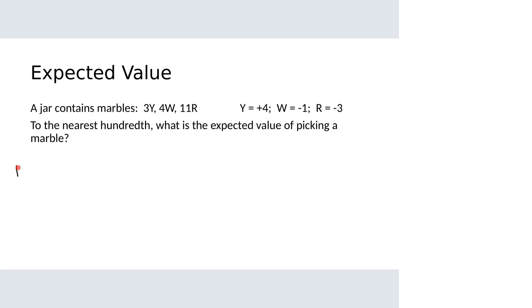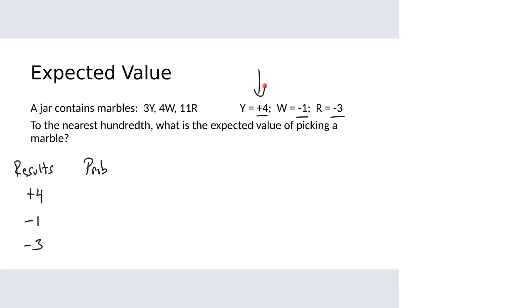For an expected value question, we want to write down our results and the probabilities that go with them. And here the results are either win 4, lose 1, lose 3. Those are the only things that can happen. Now we need the probability of each. A player wins $4 if they get a yellow marble.